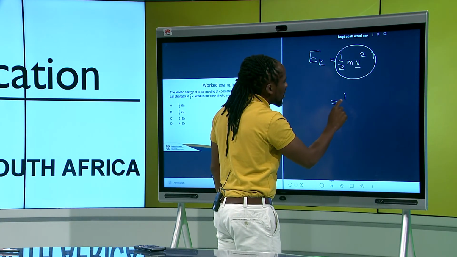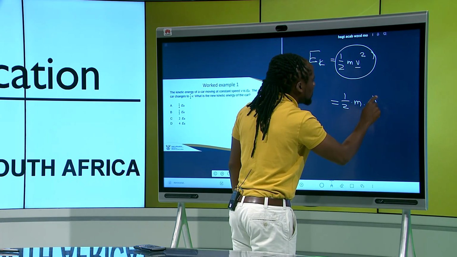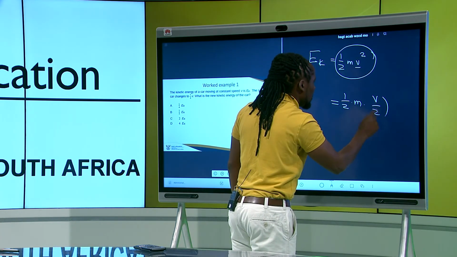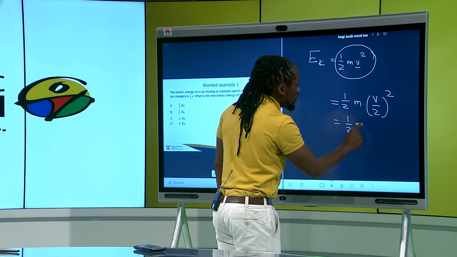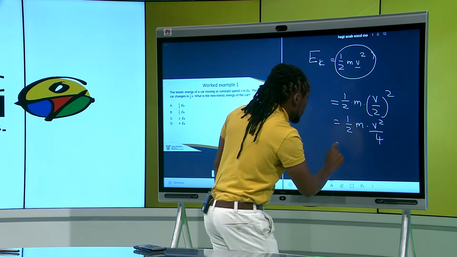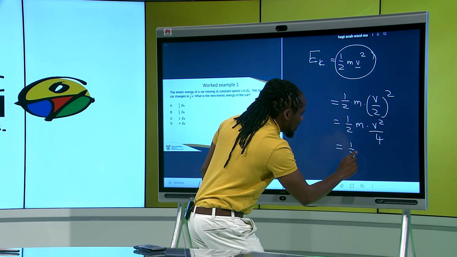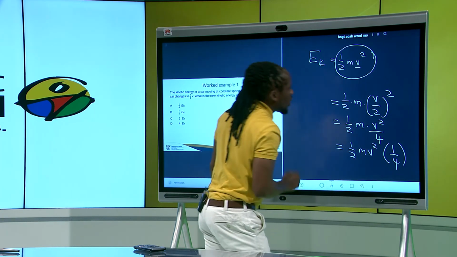We're going to have half the mass. What's the new speed? It is v over 2, which is half, but we're going to square that. Now, this gives us half m, v squared over 4, which is the same as half m v squared multiplied by 1 over 4. Now, what did we say?